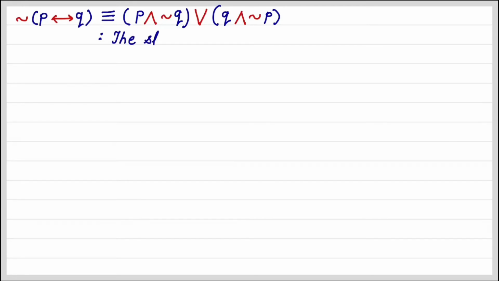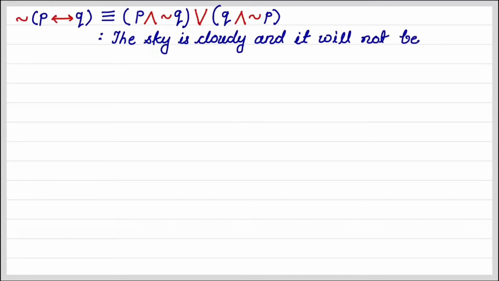Logical connective to use is "and", and the negation of the second statement: it will not be raining. Then to use logical connective "or". Now second bracket: it will be raining, second statement as it is. Now logical connective we have to use is "and".